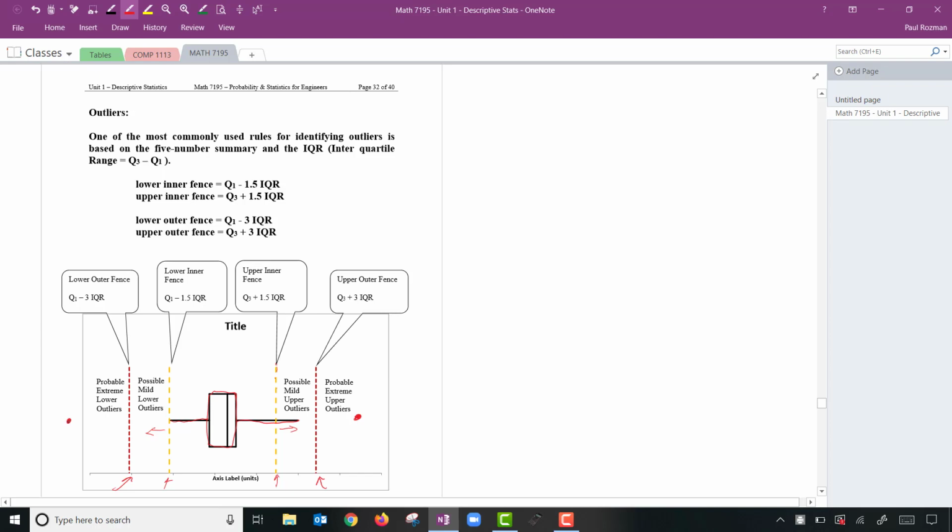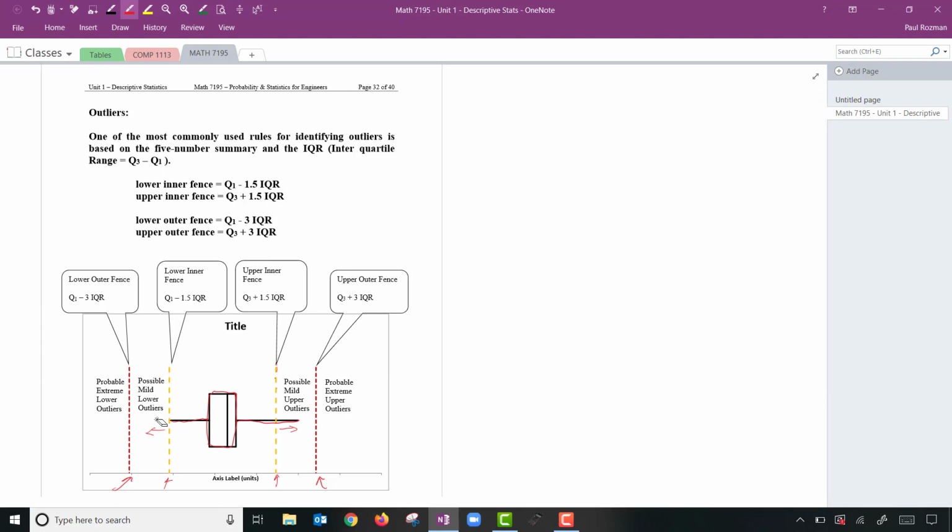And if you had one down here, that'd be an extreme lower outlier. And if you had a score, say, here, that would be a possible lower outlier. So that's how we will use these to identify outliers in our data set.